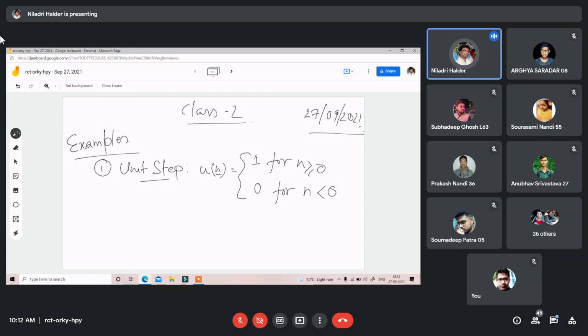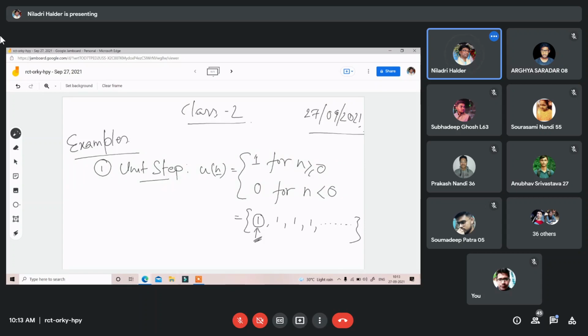That means simply 1, 1, 1, 1, like that, and that position will be the 0th position. Before that position you will not get any value, meaning you will get values equal to 0. And I think all of you know that the symbol defines the position, the initial position, that is the 0th position of the signal, so keep that in mind.